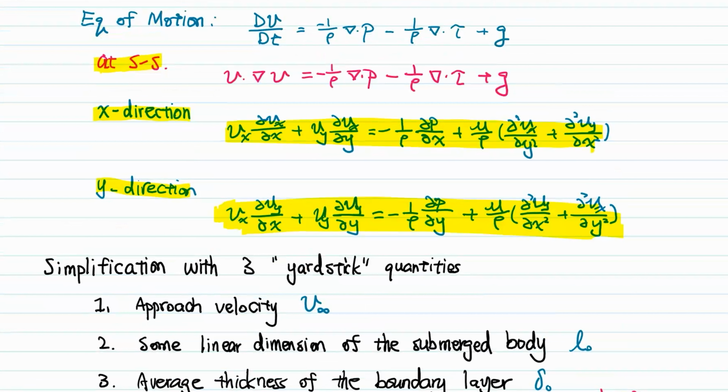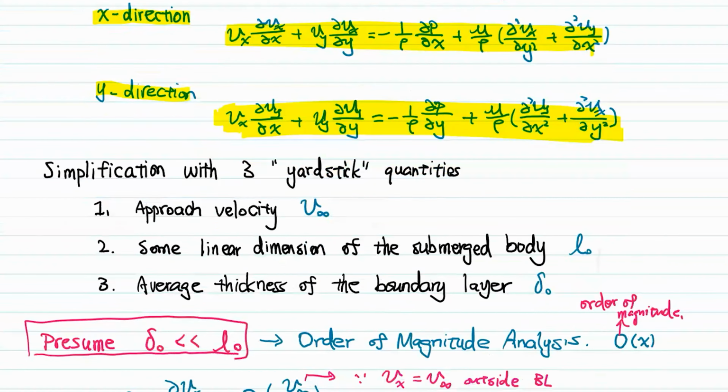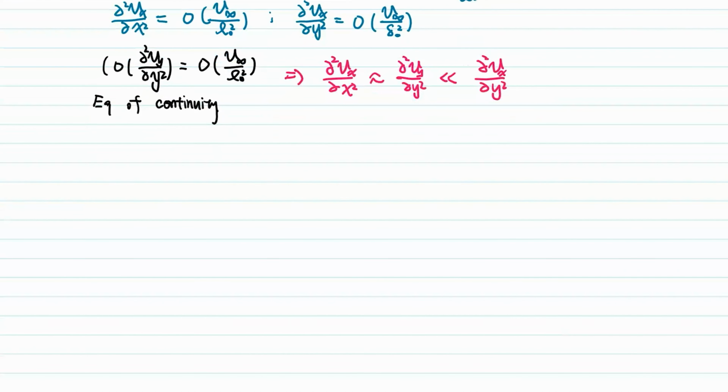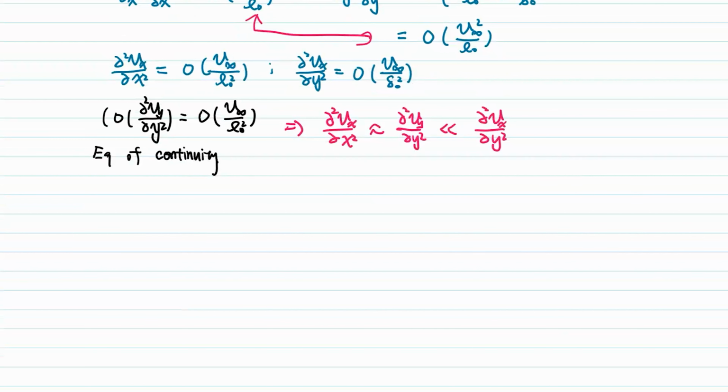Let's come back to the equation of motion in the x direction first and see what's going on. Because the equation of motion is an equation, the left-hand side should be of the same order as the right-hand side.